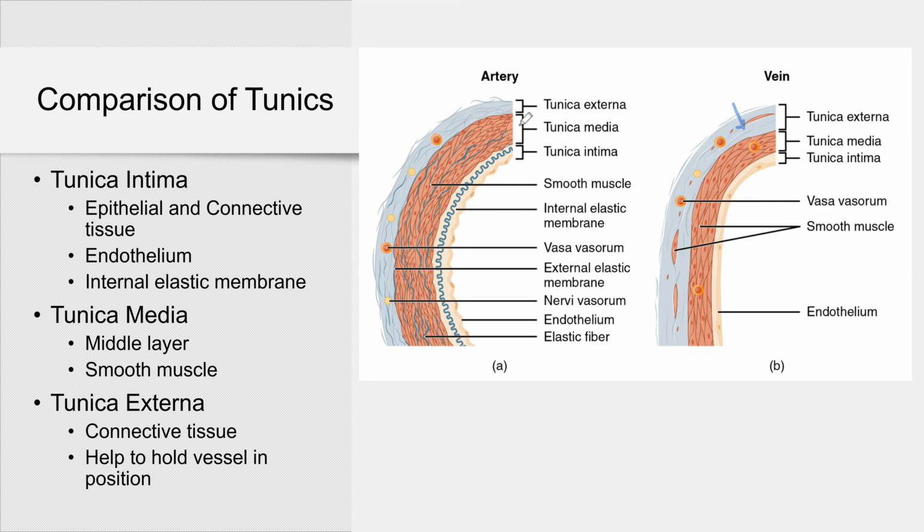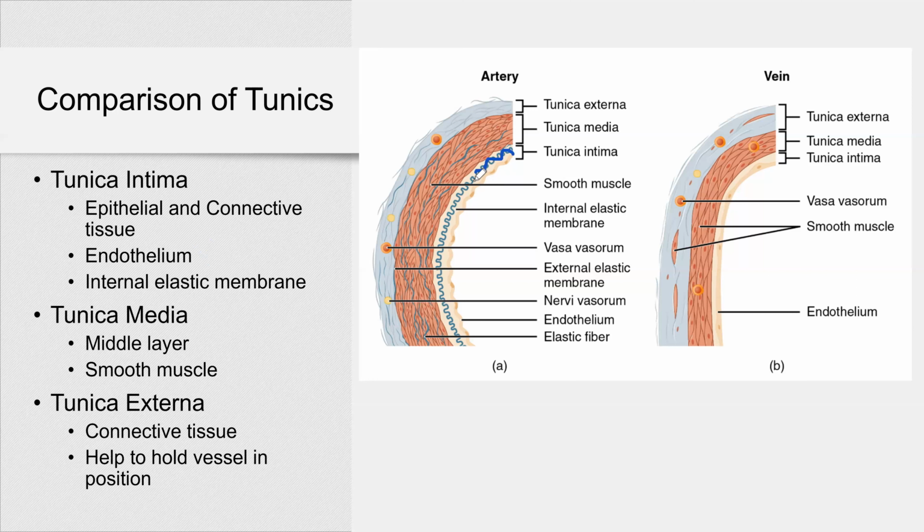Then we have tunica media in the middle, and this is mostly smooth muscle. And tunica intima, that's the deepest layer. Tunica intima is epithelial and connective tissue, and the special type of epithelium that's called endothelium. And it also has an elastic membrane if we're talking about an artery.